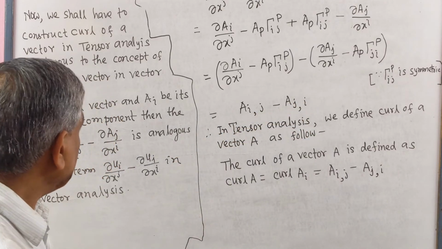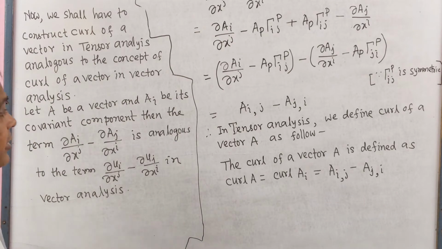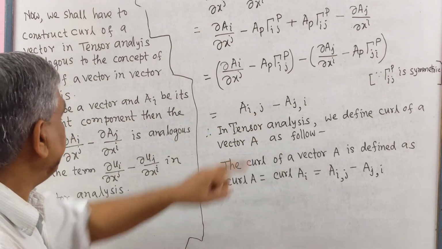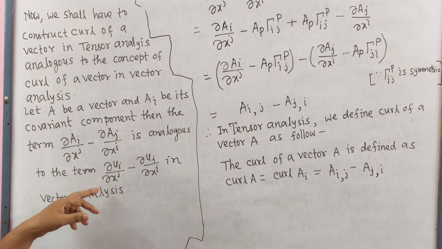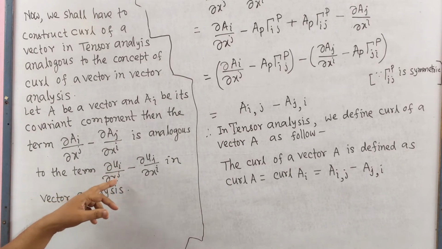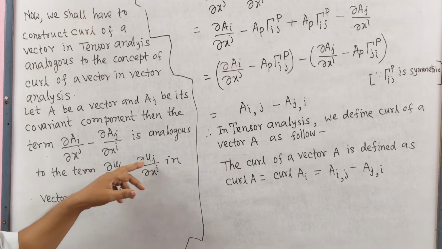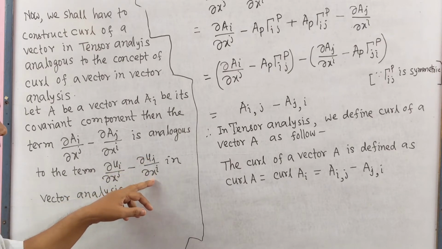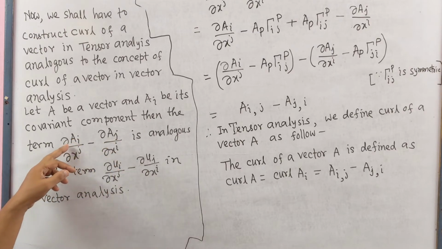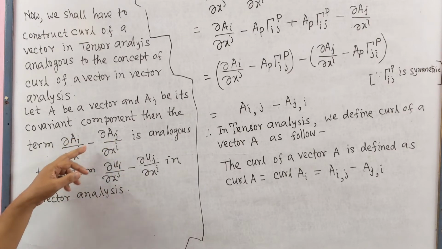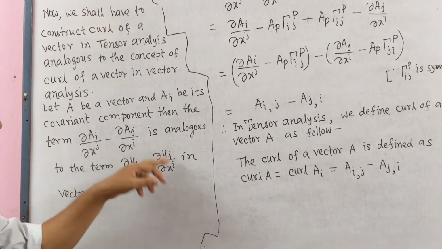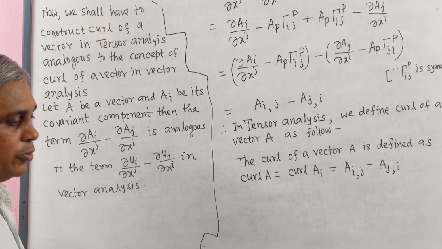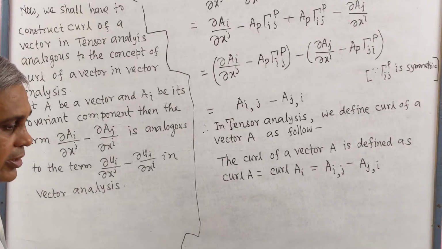So gradually we have reached this point from the knowledge of the term del ui by del xj minus del uj by del xi in vector analysis. We get del Ai by del xj minus del Aj by del xi analogous to the component of the vector analysis.